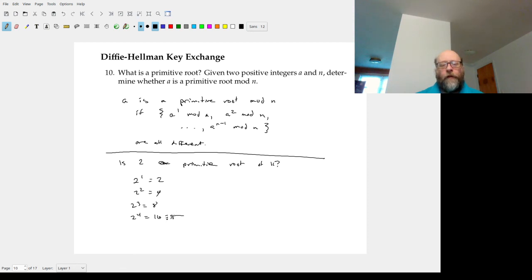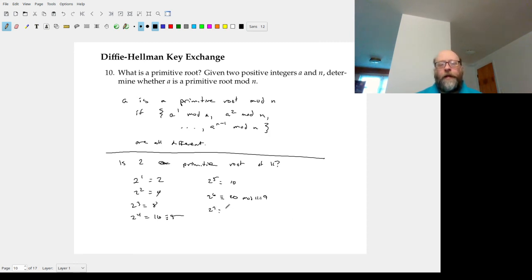All right. So then 2 to the fifth would be 5 times 2, which is 10. And then 2 to the sixth would be congruent to 20. But 20 mod 11 is 9. We don't have any repeats so far.